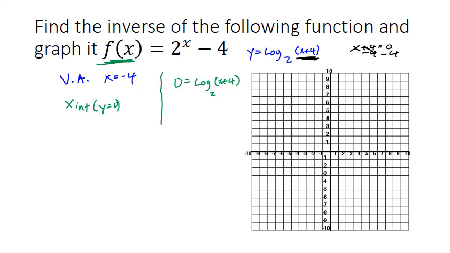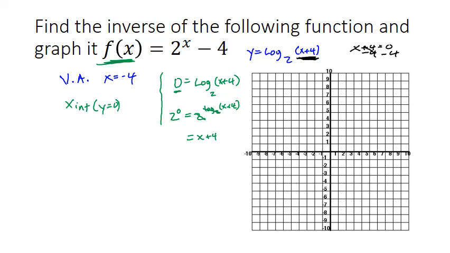And remember that if we want to get rid of the log base 2, that means that we're going to use a base of 2. So 2 to the 0, because we already had 0 over here. And then 2 to the log base 2 of x plus 4. Remember that the log base 2 and the base of 2 cancel each other out because they're inverses. So we're just left with x plus 4.